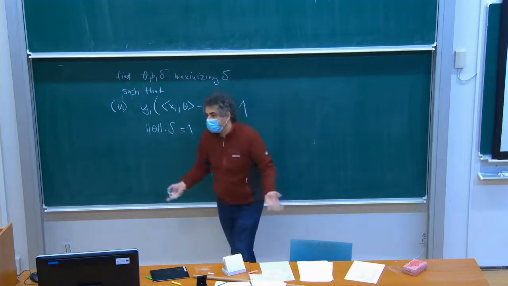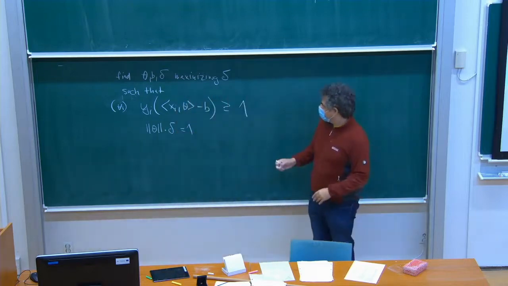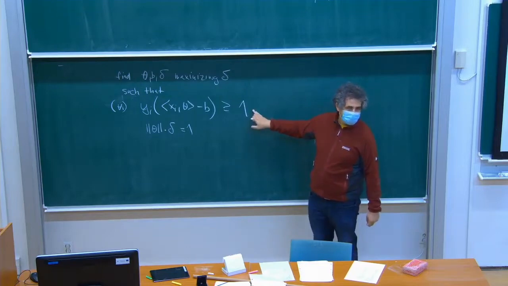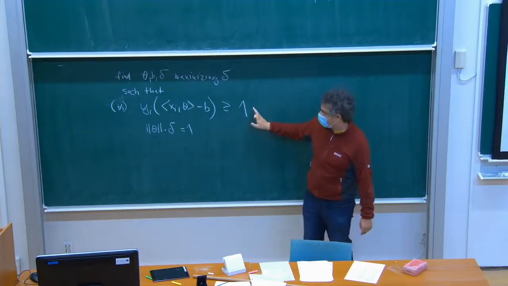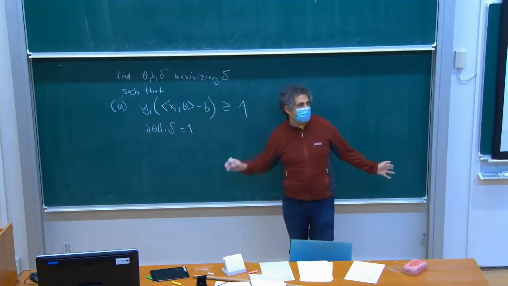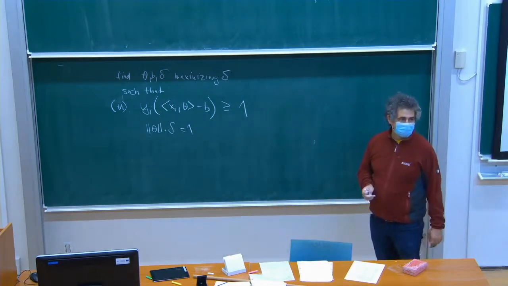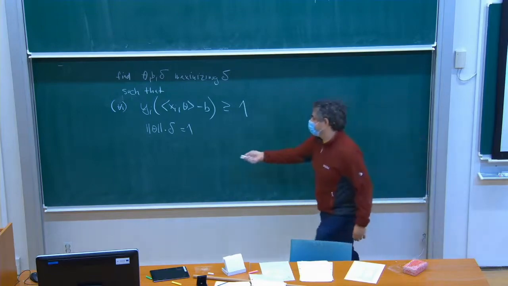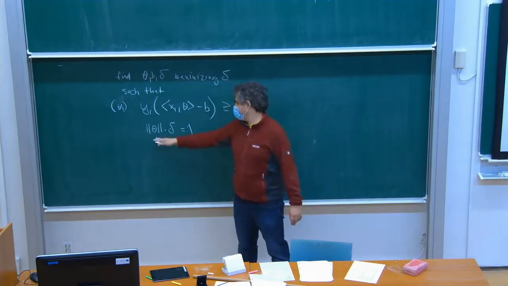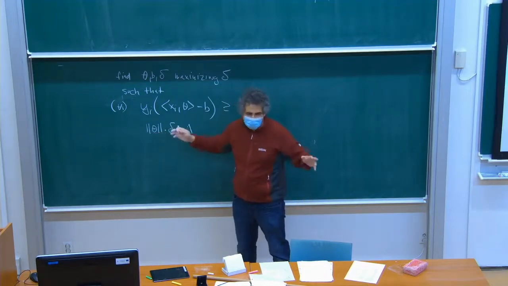I can do that, right? It doesn't matter which scale I choose. And what happened is that delta and theta disappeared from here. This is a nice linear condition. Any remaining problems? Well, the problem still stays here, okay? This is like the quadratic function times delta.